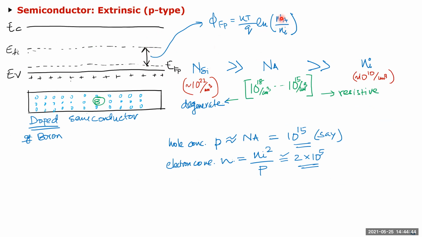And so that's why it's Na, the acceptor concentration, divided by Ni, log of that, times thermal voltage. So you get this. The voltages are the same because the ratios are the same: about 0.45 volts for 10 to the power 18, about 0.25 volts for 10 to the power 15 here as well. And similar calculation, because for holes, it's pretty much equal to the concentration of the acceptor ions.